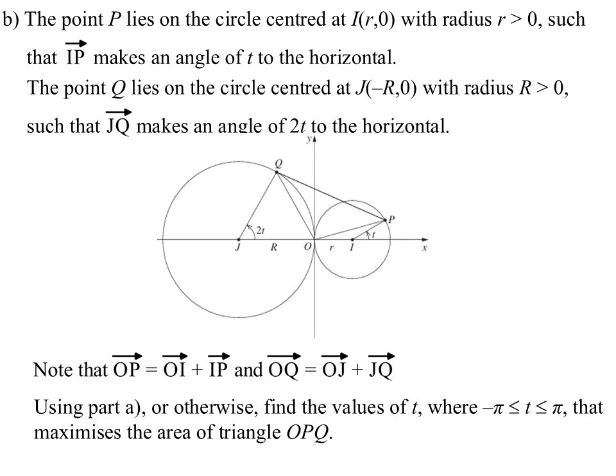So they're giving us a hint here, OP would be the same as writing OI plus IP, and OQ, OJ plus JQ. Not an amazing piece of information, but at least it gives you a clue as to how to approach the problem. Using the first part, or otherwise, by all means, if you want to go a different way, find the values of T, restricting T in between minus pi and pi, that maximises the area of this triangle.